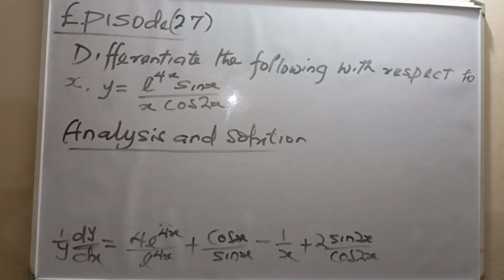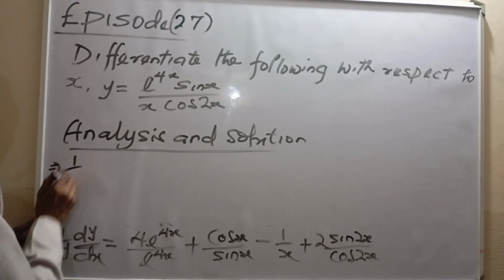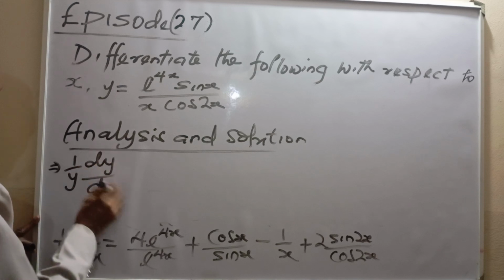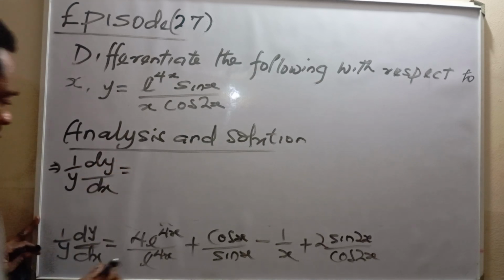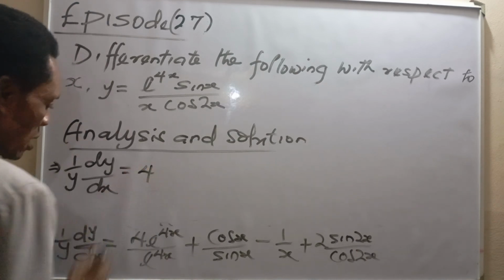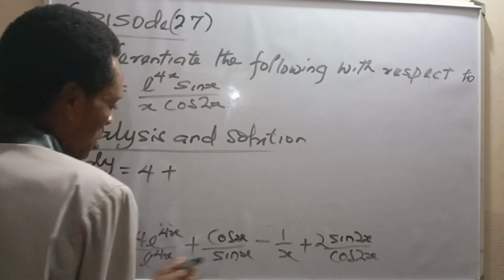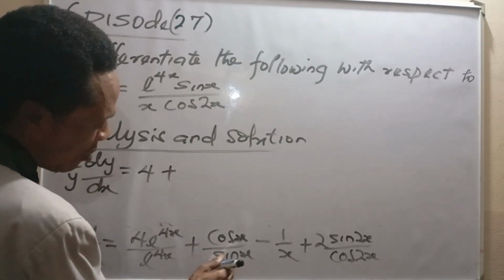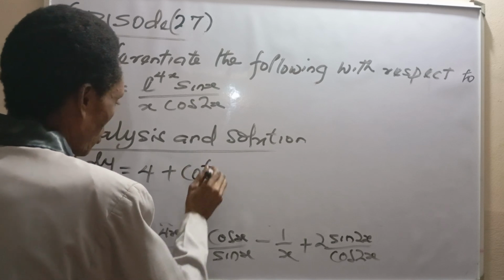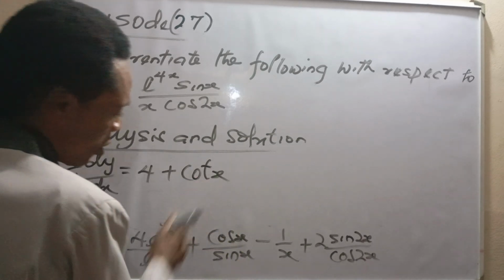Which implies 1 over y, dy all over ds equals, okay, if you check it, this one will cancel itself. So we are having 4 here. This one cancels minus, then plus. So check here. Cos s all over sin s will give us cot s.